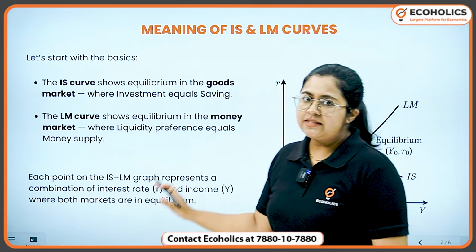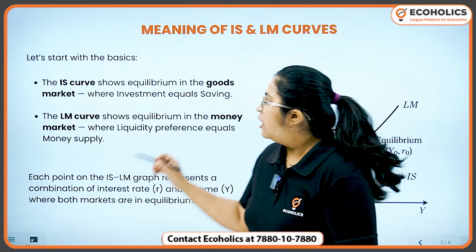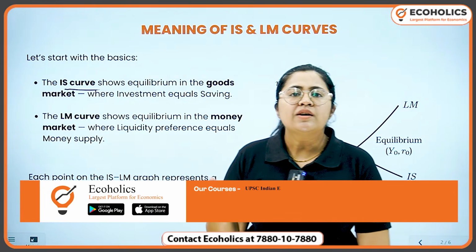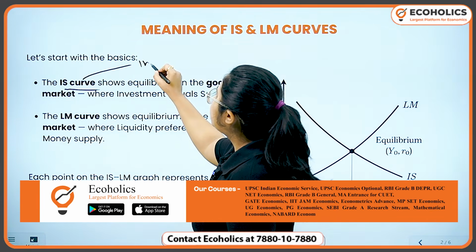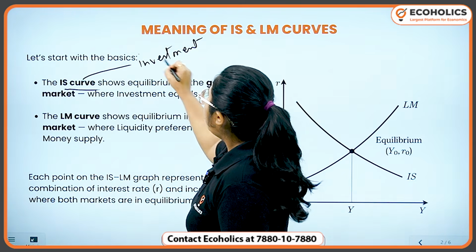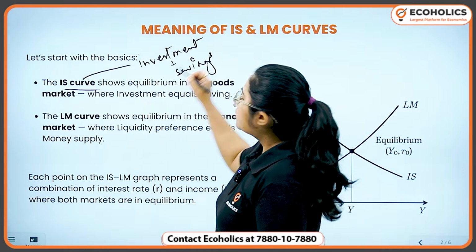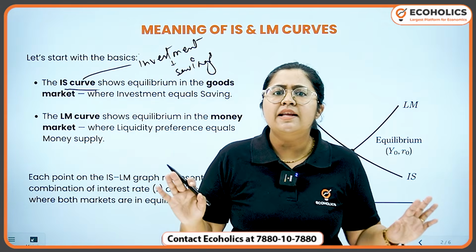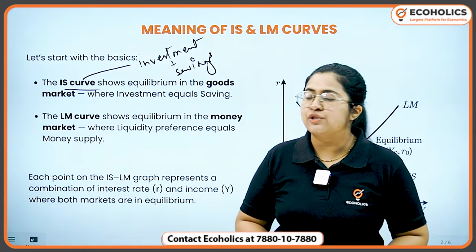Now let's first understand what exactly these IS and LM curves are. When we talk about the IS curve, usually students think that this talks about investment and savings, right? So this is an investment savings curve. Even students write this in examinations, but actually it is incomplete information.